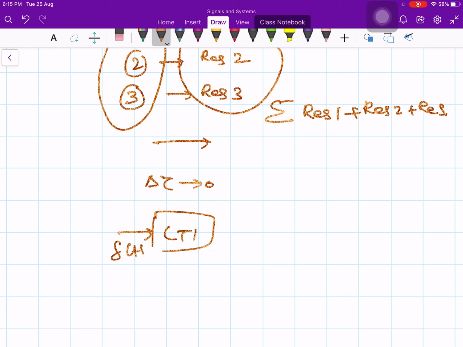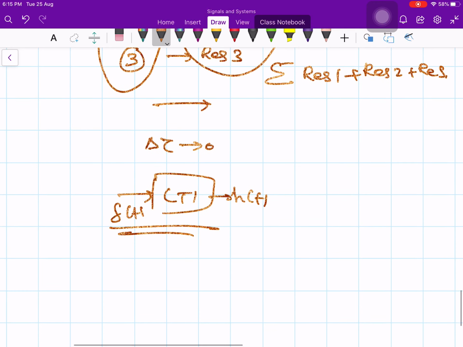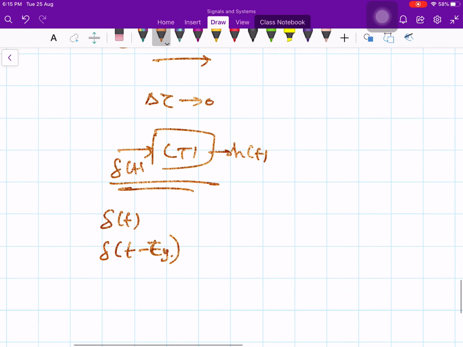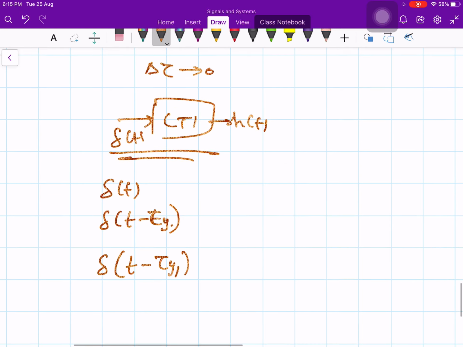Once you know this one, then you can have a number of impulses which are shifted in time and scaled by different amounts. One impulse is del of t and another impulse is del of t minus, let's say, tau y, another impulse is shifted by t minus tau y1, and another impulse is del of t minus tau y2.